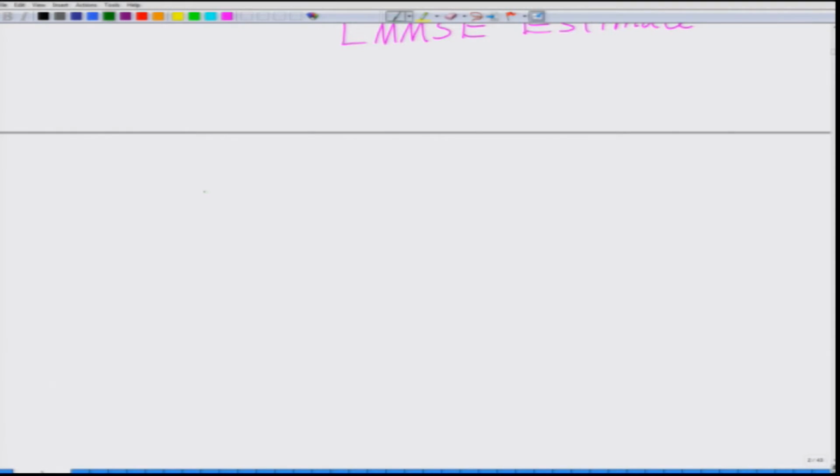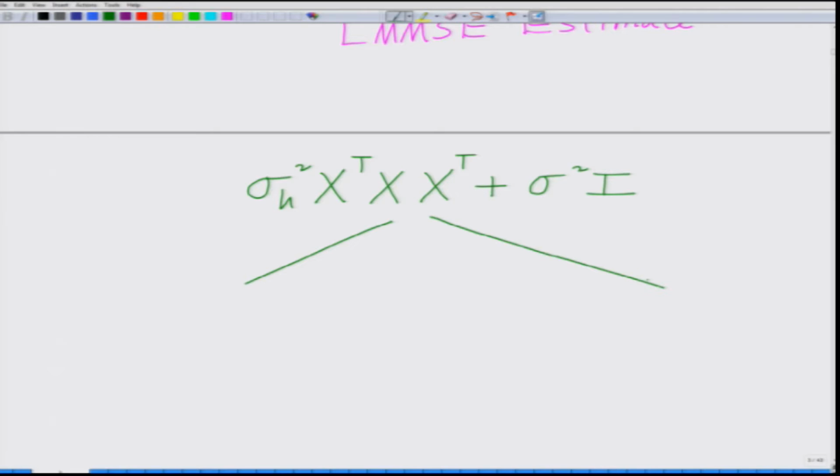So now first realize, and again similar to what we have done several times before, I will start with this quantity sigma h square x transpose x transpose plus sigma square times identity, and I can expand this in two ways.